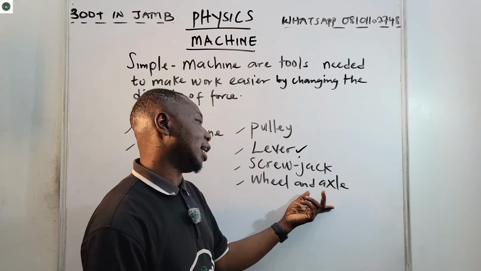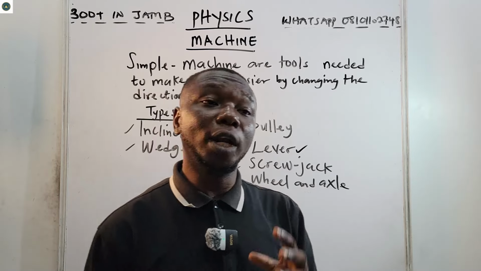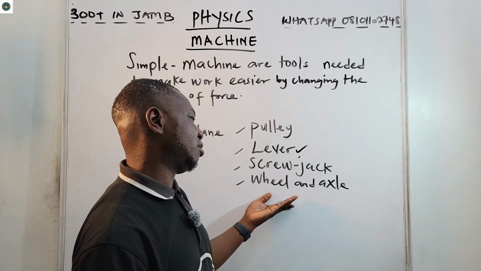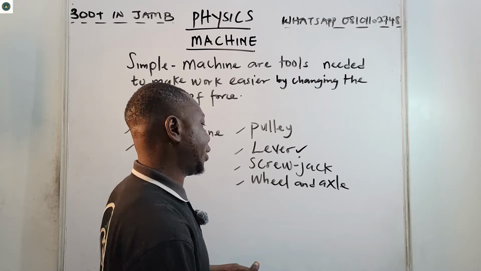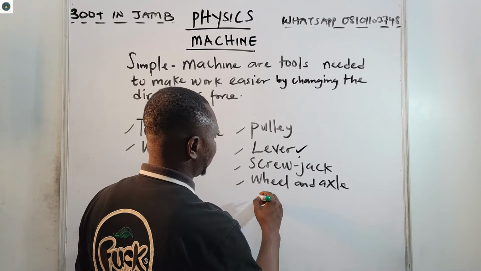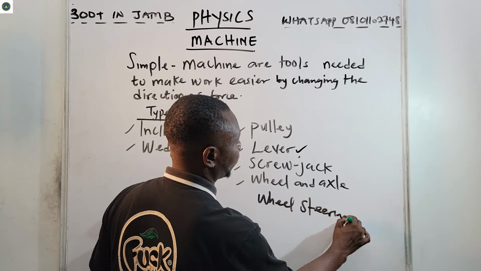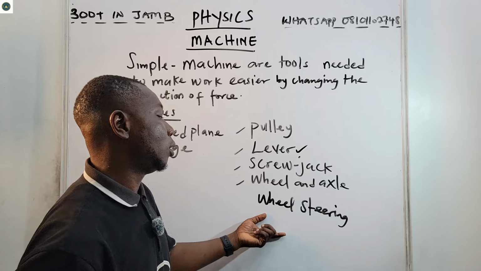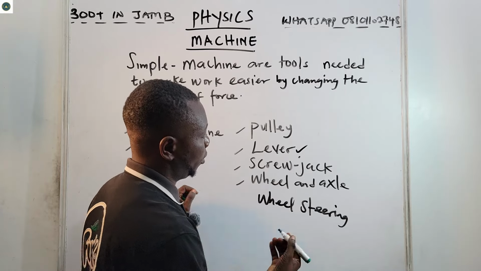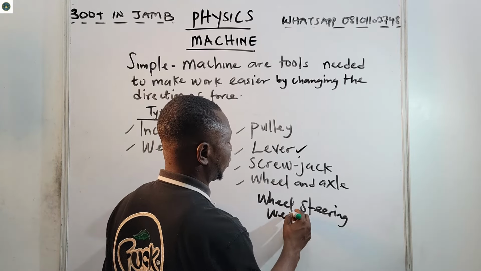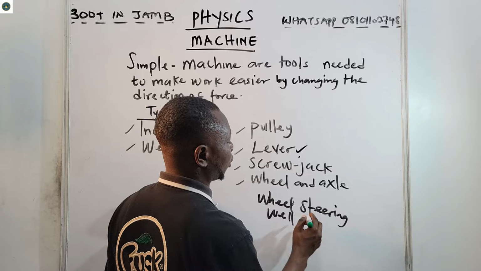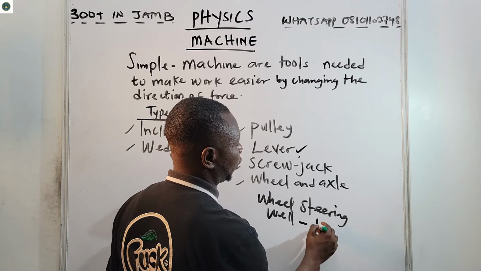Then you have the wheel and axle. Applications of the wheel and axle are maybe your car steering, or the one you have in your well, or sometimes building constructions.